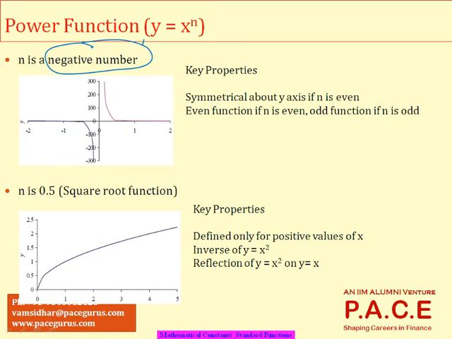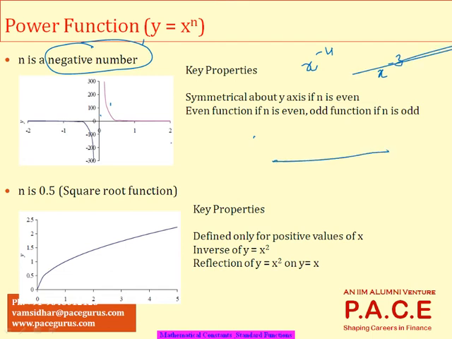If n is a negative number, just like when n is a positive number, we see the graphs. But the only difference is, instead of a continuity there, we will find a discontinuity. So if n is still even, I want to talk about x to the power of -4 versus x to the power of -3.